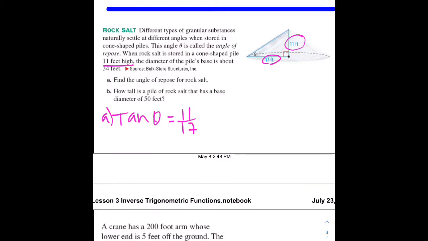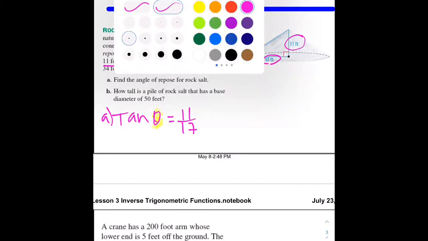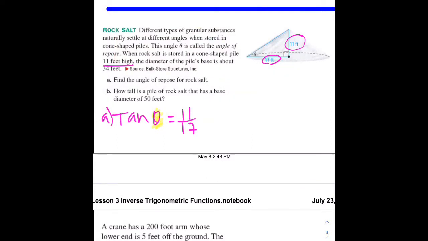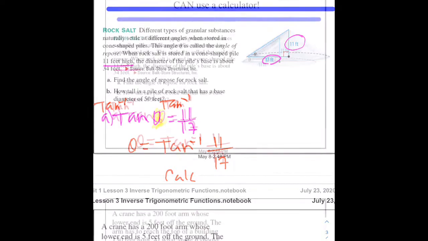Because I am trying to get theta by itself, I have to undo the tangent. You can't undo tangent by traditional adding, subtracting, multiplying, or dividing. I have to apply an inverse tan to both sides. So theta is equal to the inverse tan of 11 over 17. This becomes a calculator problem for you to perform.